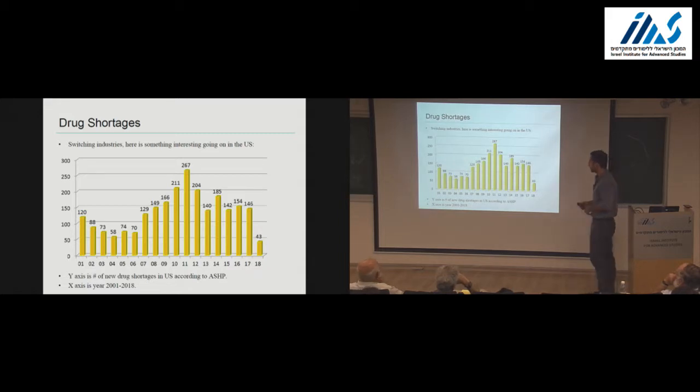Now, one thing that's been going on in the US, which is kind of weird when you think about it, is that there are reported shortages in drugs. That's not that weird because these drugs go into your bloodstream, so they're produced under a really highly controlled production process.